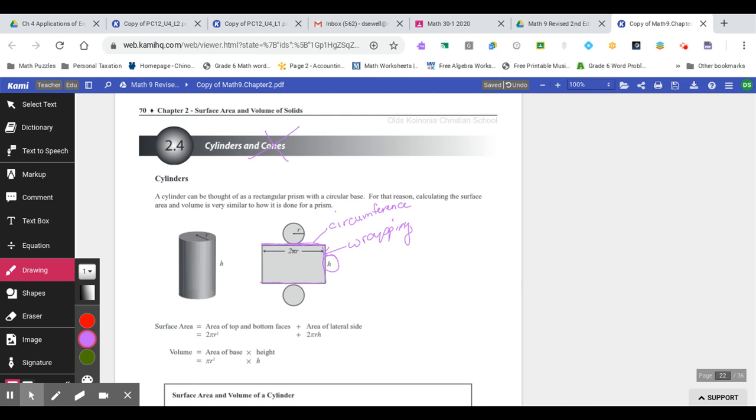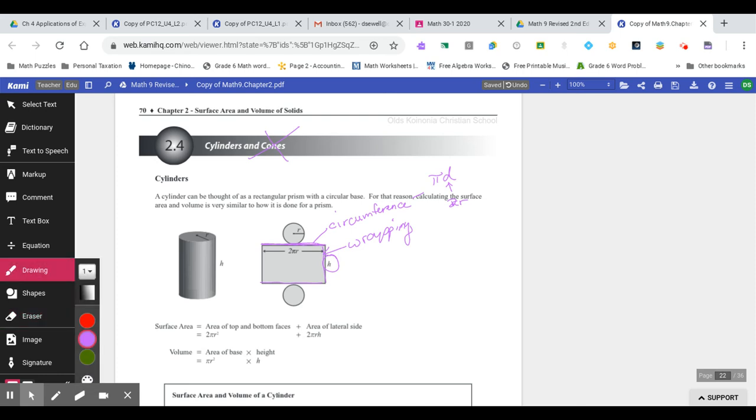And we have a formula to find circumference. You could have known it as pi times diameter. But diameter is also known as 2 radii. So that's where they get this 2 pi r thing. You could take it apart and you would have the diameter times pi in there.